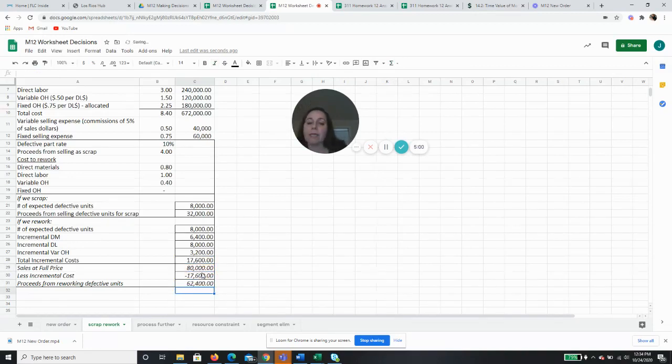If we rework it, we'll make $62,400. So if we just sell it for scrap, $32,000. If we rework it, $62,400. As long as we have capacity, we are going to choose to rework it because we'll make almost twice as much money as doing the scrap.